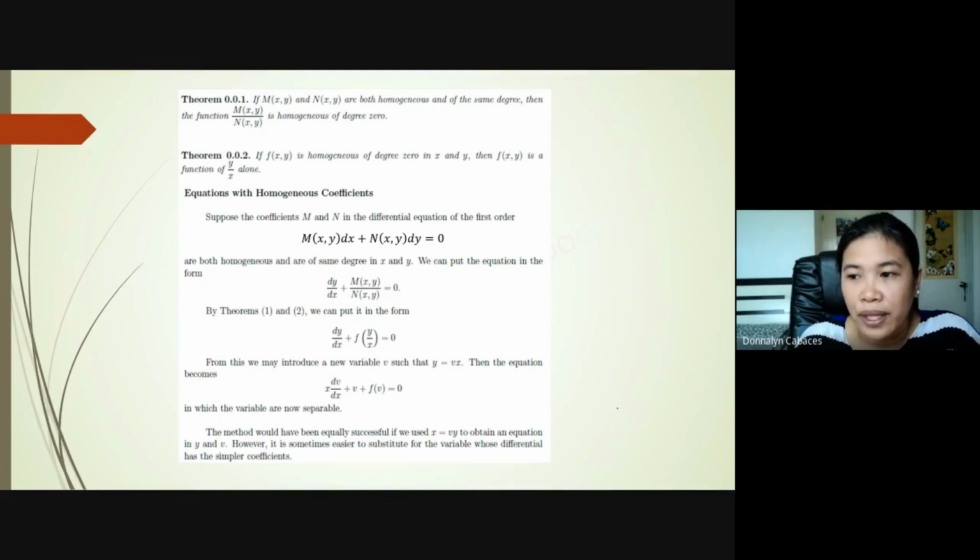If we use y equals vx, then the equation becomes x times derivative of v with respect to x plus v plus a function of v is equal to 0. And this equation now is actually a separable equation.